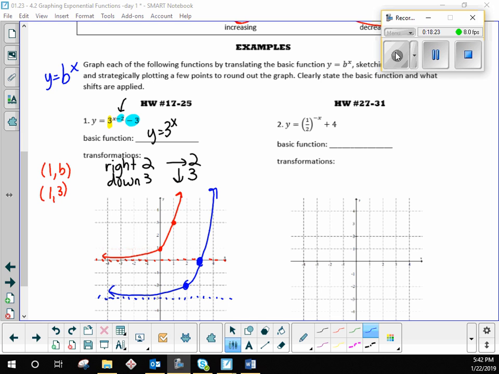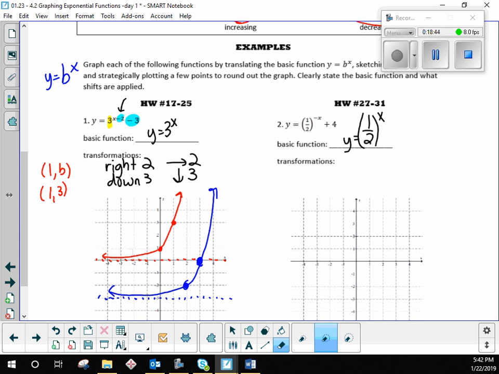Okay, so hopefully you came up with y equals 1/2 to the x as your basic function. Your transformations: here's your base, and here are your 2 transformations, one here and one here.